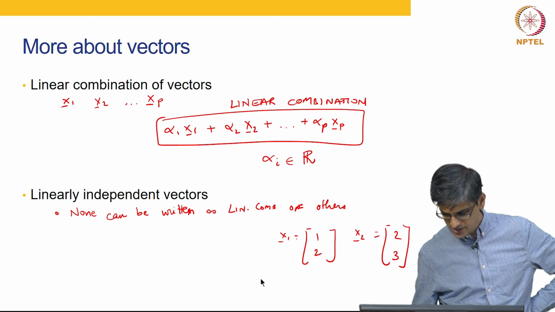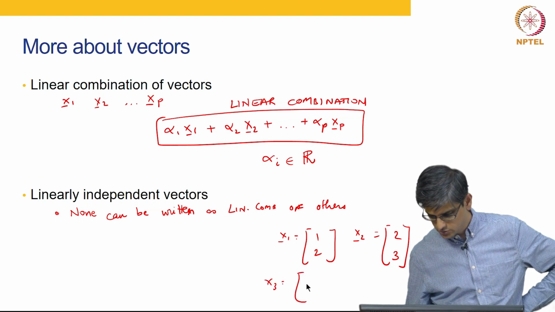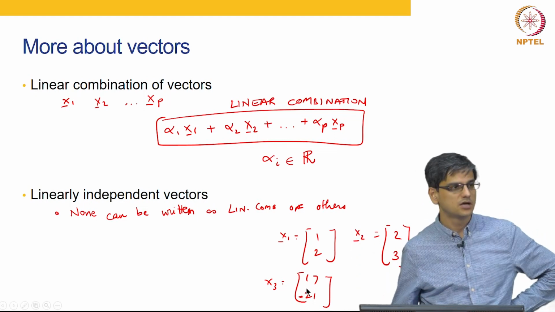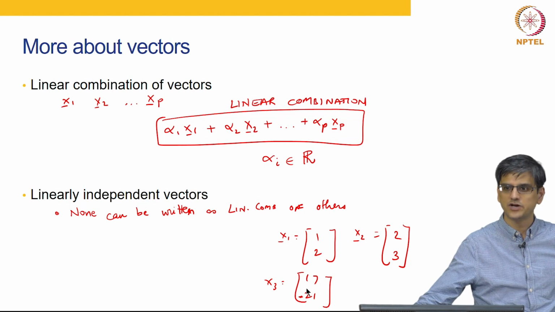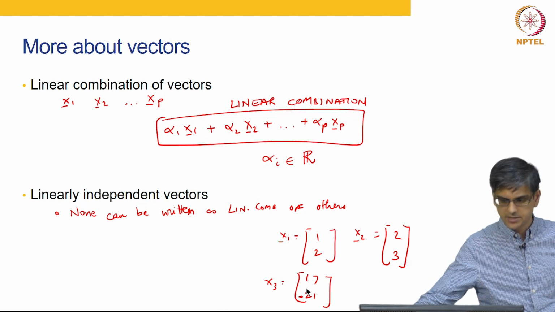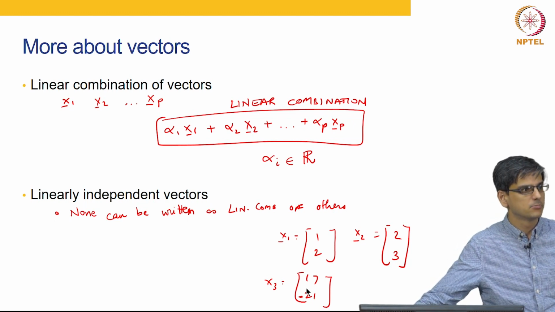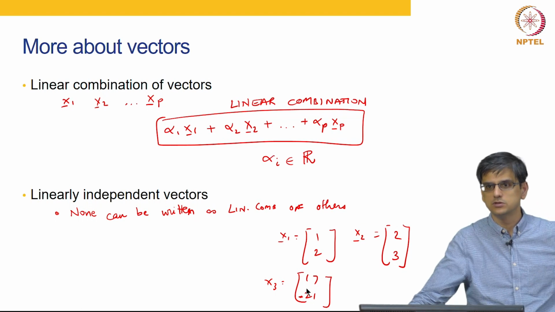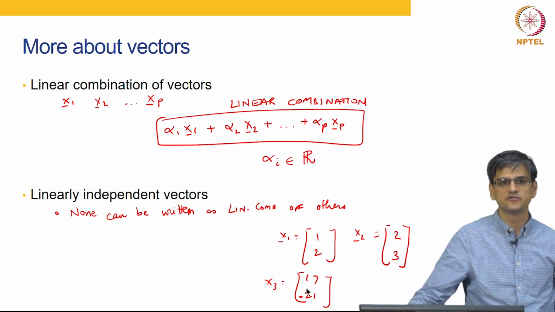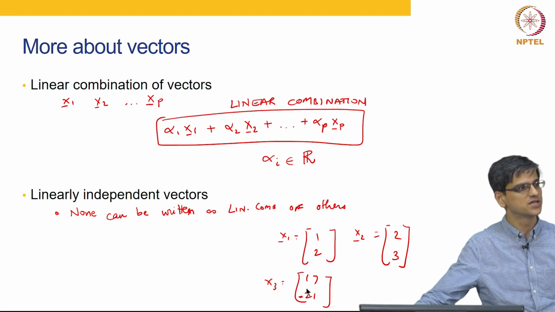If I have x3 equal to 17, 21 or 17 and minus 21, are x1 bar, x2 bar, x3 bar linearly independent? No, why not? That's right. The maximum number of independent vectors can be equal to n, the dimensionality of vectors. You cannot have more than n linearly independent vectors.